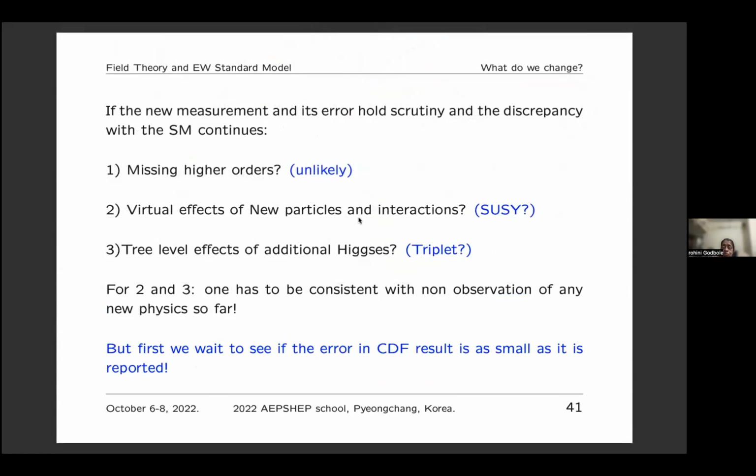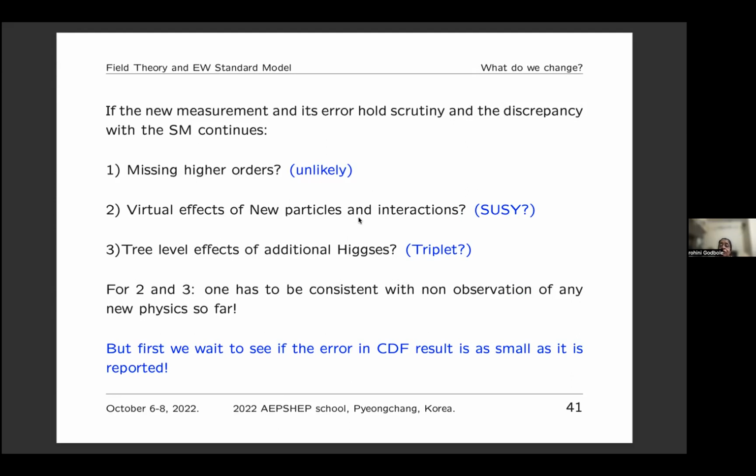So if the new measurement and its error should hold scrutiny, and the discrepancy with the standard model will continue, then what will be the possible reason? Can it be the missing higher orders in the calculation? I think that's unlikely, because the required accuracy is really there in the calculations. Then, are there virtual effects of new particles and interactions?